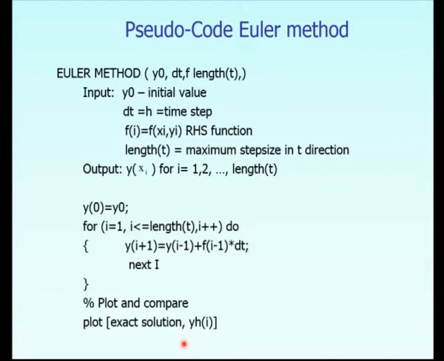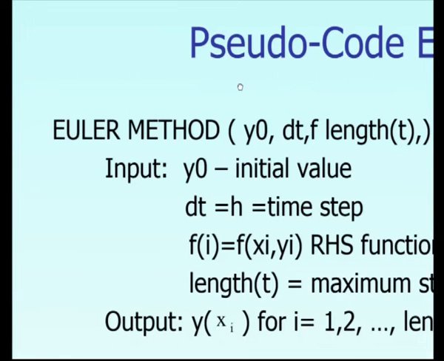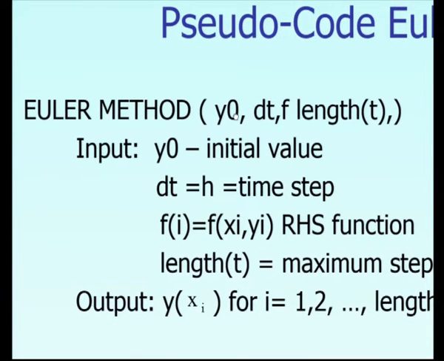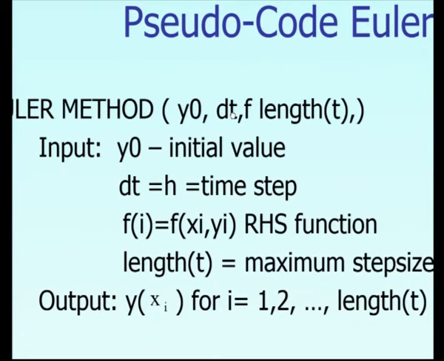Now, I present the pseudo code for the general situation. This is Euler's method. You need y naught, the initial data, dt the step size, f the right hand side function, and length of t. Length of t is the maximum step size or the number of iterations we are going to apply.